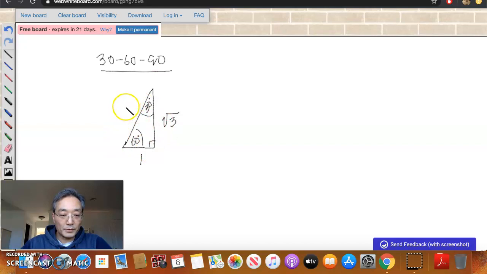Then the hypotenuse is going to be 2. All right, and you're going to see why this is true. Again, I'm going to apply the Pythagorean theorem. So again, a squared plus b squared equals c squared. Again, there could be different combinations for those sides, but this is one. This is probably the basic one.